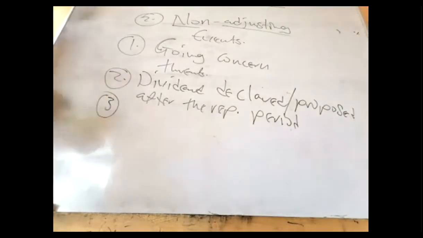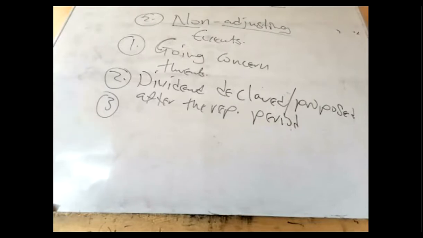So number three, major business combination after the reporting period. So it's also a non-adjusting event.